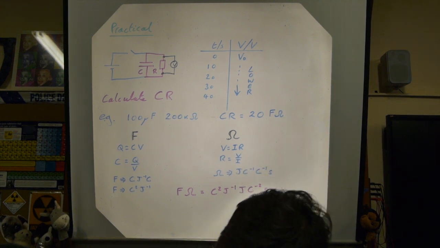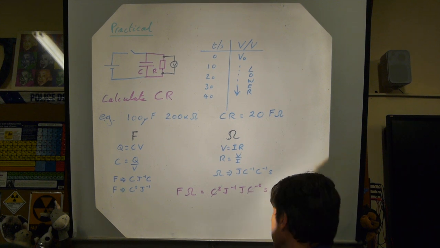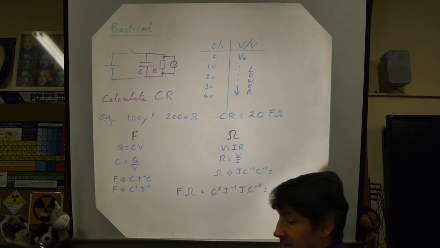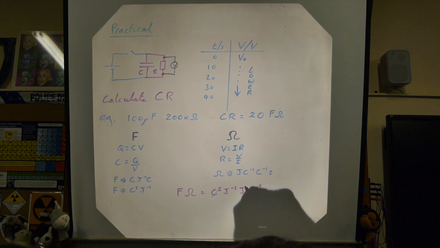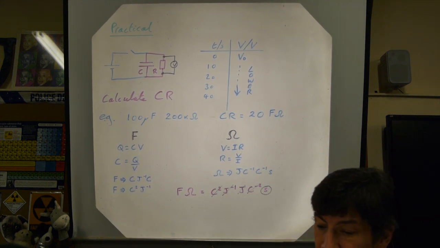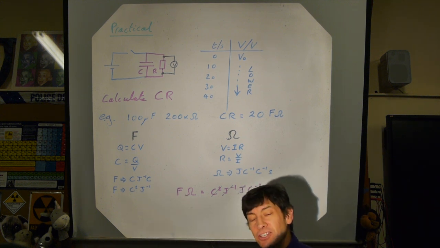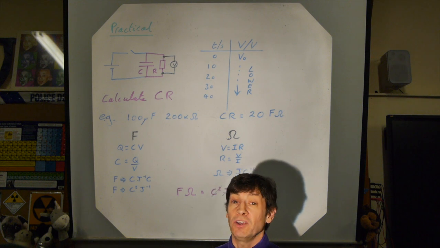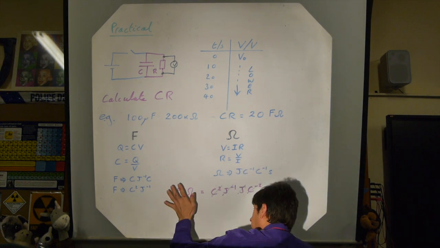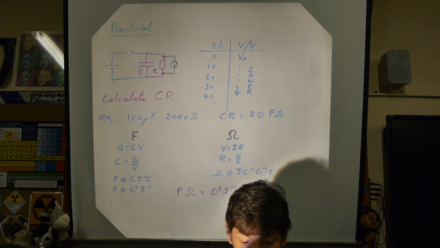Coulomb squared, coulombs to the minus 2. Joules, joules to the minus 1. Oh my word, look at that. So a farad ohm is measured in units of time. And if we do it in the correct SI units, a farad ohm is in seconds.